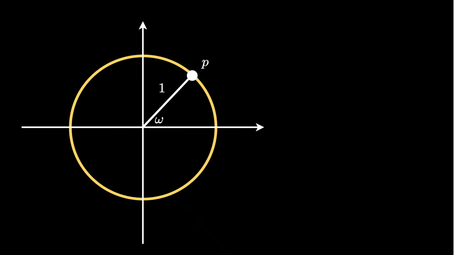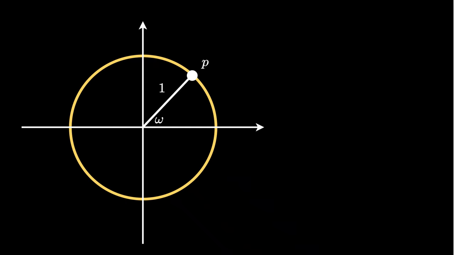Next we want to define a point on the unit circle. Here I have defined it as P. As you can see, it is turned by omega from the real axis, and it lies on the unit circle, so it is 1 unit away from the origin.